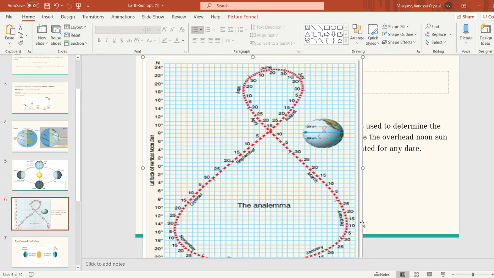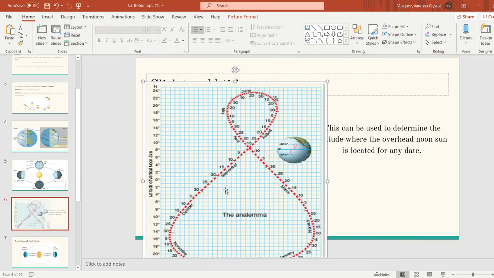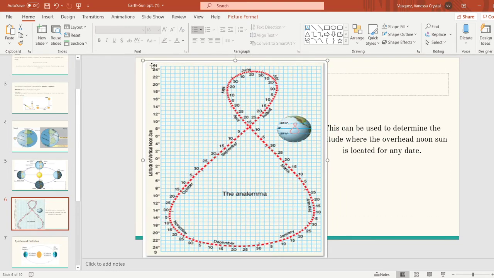A way to look at this chart is that on this axis we have 24 degrees north, 22 degrees north, all the way to the equator at 0 degrees. This represents the northern hemisphere, and then going down the southern hemisphere, 24 degrees south, 22 degrees south.